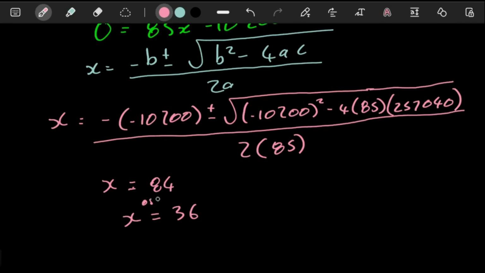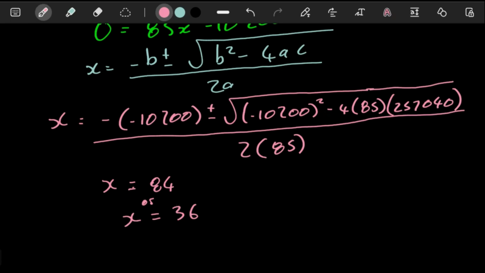Oh, this is interesting, because now we kind of have to pick wisely. Both answers look kind of valid. So if x is 84, wait, what do these add up to?